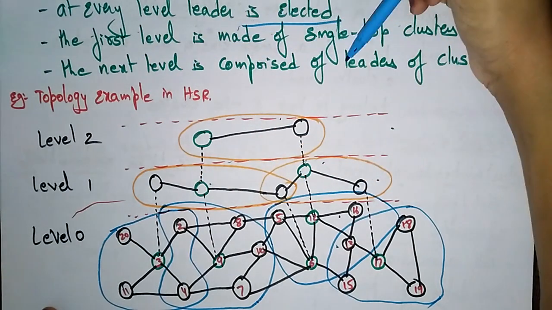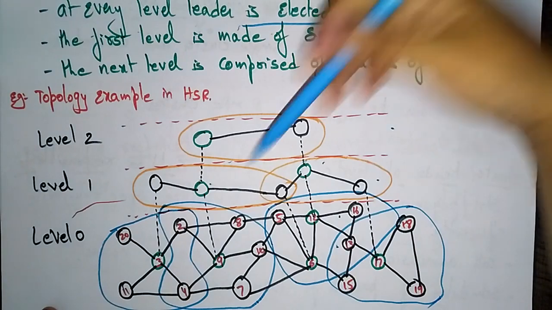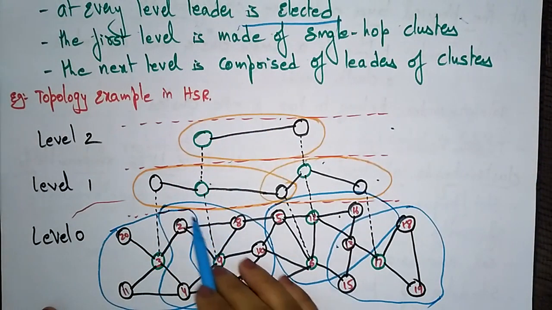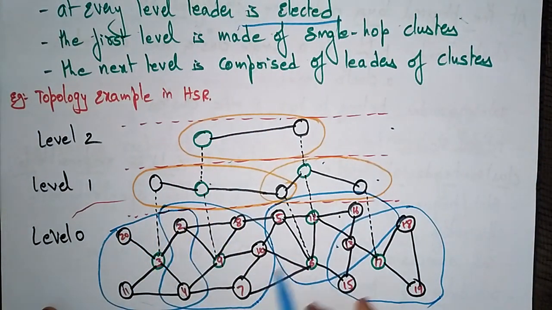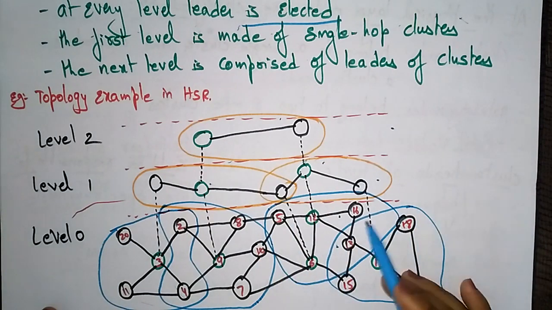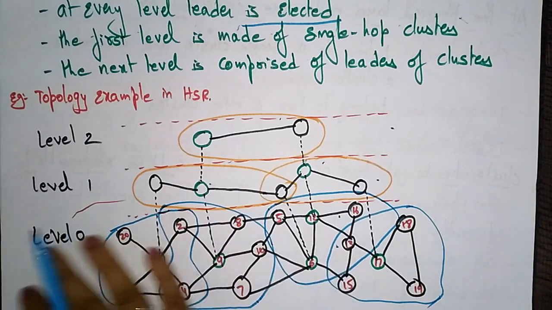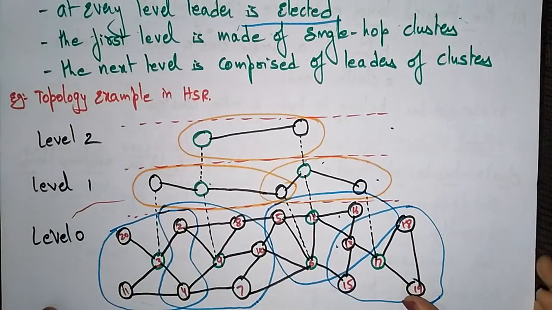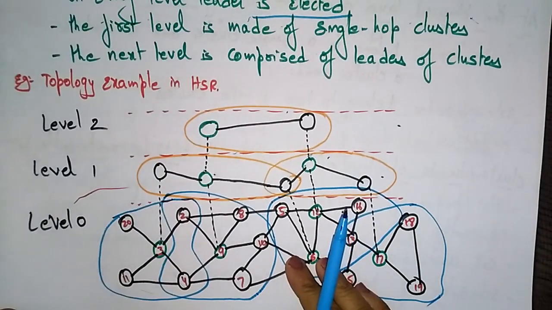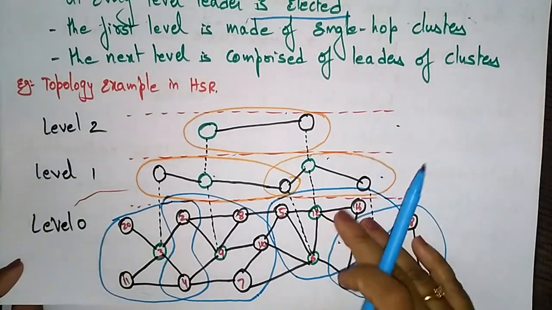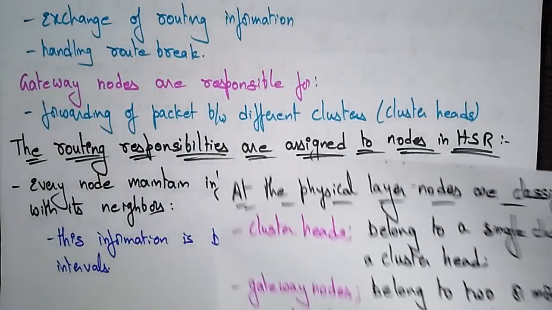The next level is comprised of leaders of clusters. Here you can see the different levels, with a total of 4 clusters. So this is the topology of the HSR, the hierarchical state routing protocol. It is just maintaining the hierarchical structure.